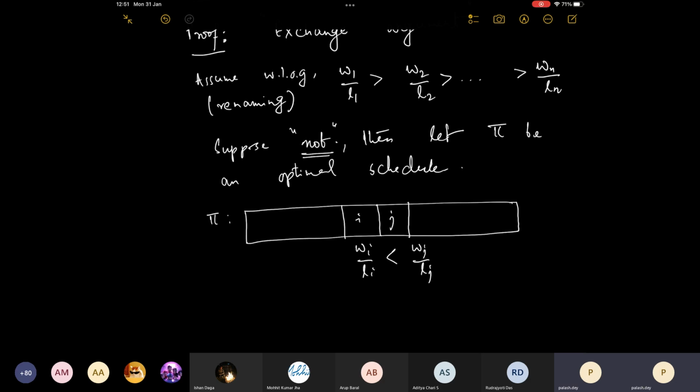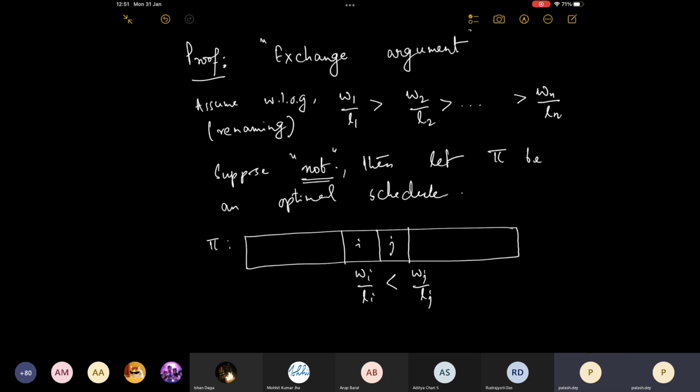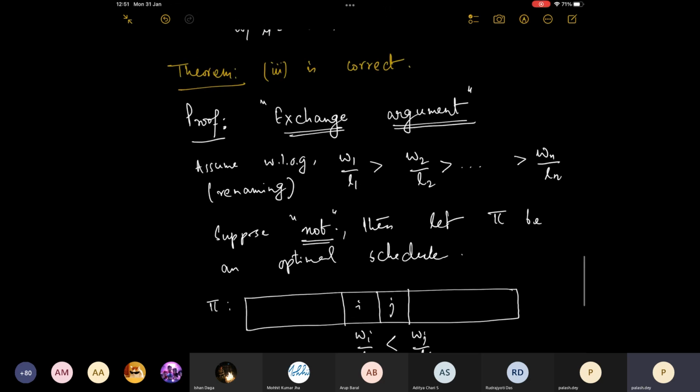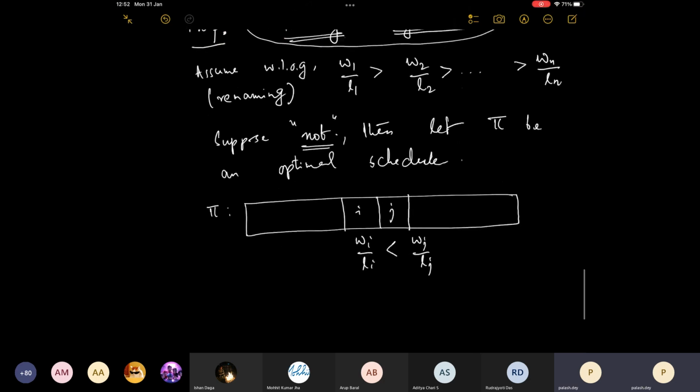What do we do? Can someone suggest how I will reach a contradiction? We will show that if we change the ordering so that it is sorted in the correct order, then it will improve. Very good. The name says exchange argument: exchange the places.